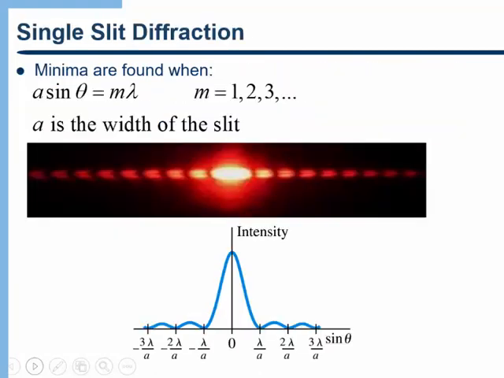Now it turns out that when we actually do this experimentally, we definitely get that wide central peak, but we actually get some other definition there as well. Most of the light ends up in this bright central peak. This photo right here is of a laser being shined through a single narrow opening.